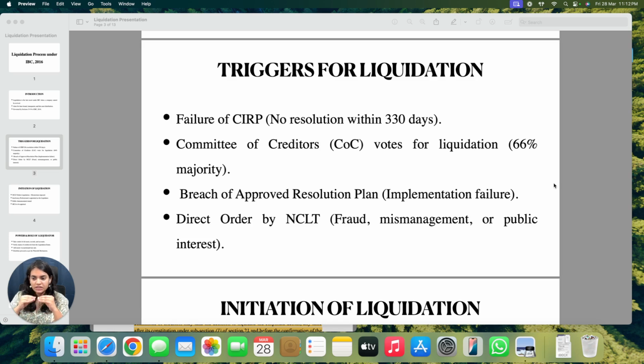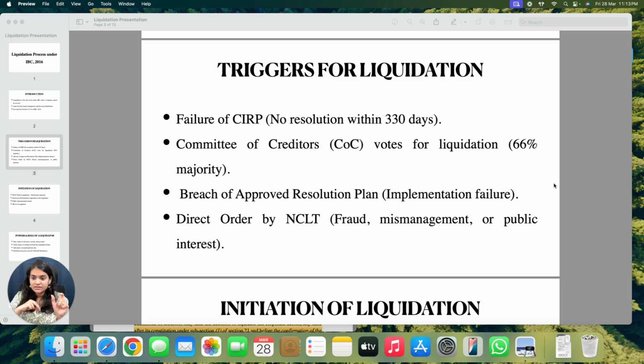So the committee of creditors, prior to approving the resolution plan or opting for a liquidation, are required to explore if there is any opportunity for compromise or arrangement, as provided under Section 230 of the Companies Act. So any scope for mergers or acquisitions or such other things as provided in the Companies Act may also be explored by the Committee of Creditors.